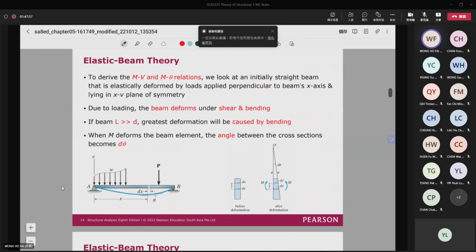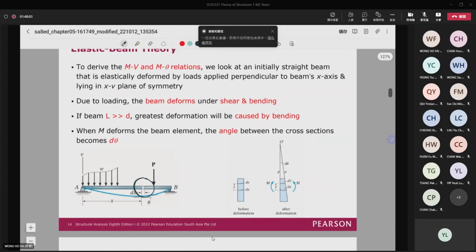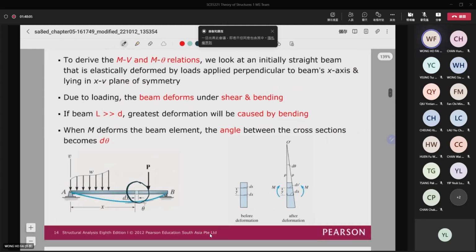For the elastic beam theory, we will assume that there's a part of the beam right here, and we will consider the width of dx. You can see that there's a dx here.